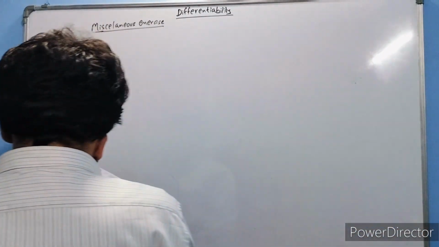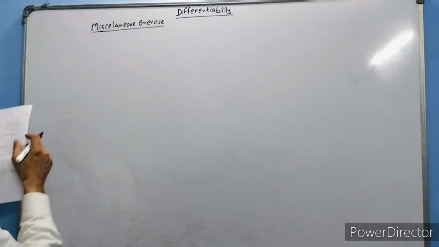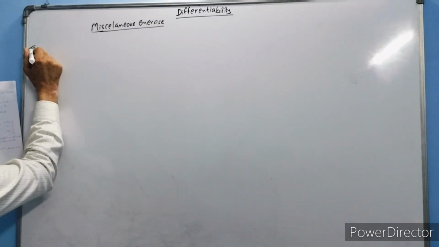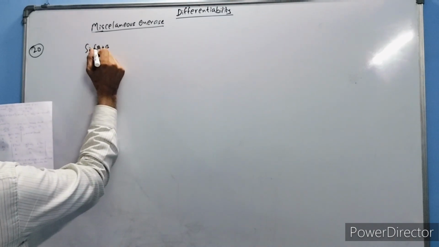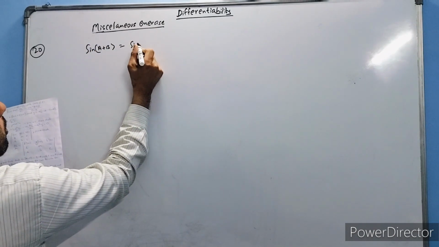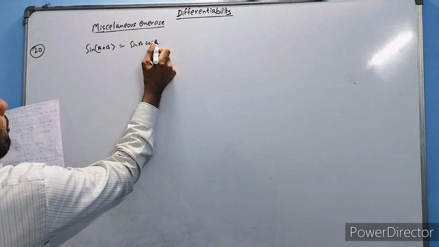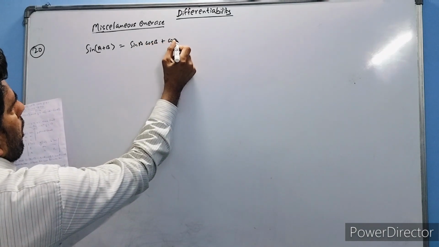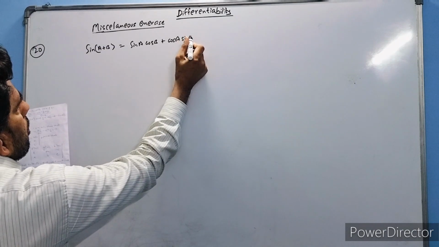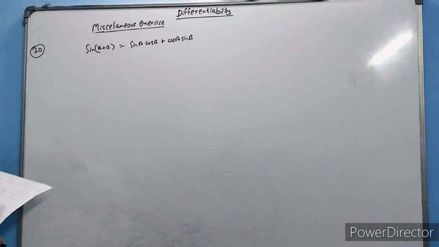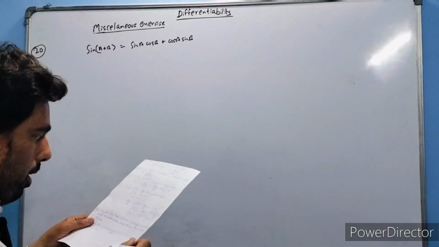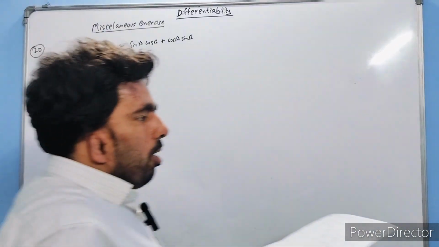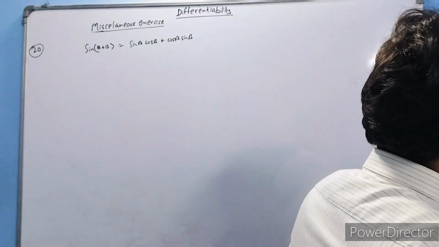Now what the 20th question says is that they have given sin(A+B) is equal to sin A cos B plus cos A sin B. This is a formula we have to use, and we have to differentiate it to find a formula for cosine. So how?